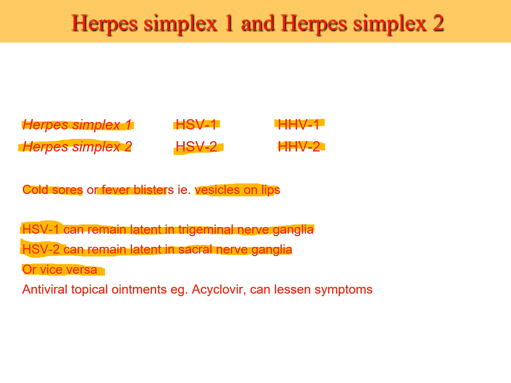There are some very good topical antiviral ointments containing acyclovir or related, more recently developed antiviral compounds that can, if put on early enough, certainly prevent the kind of lesions that you get with a cold sore.